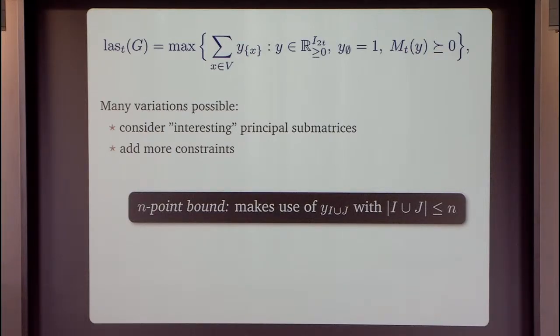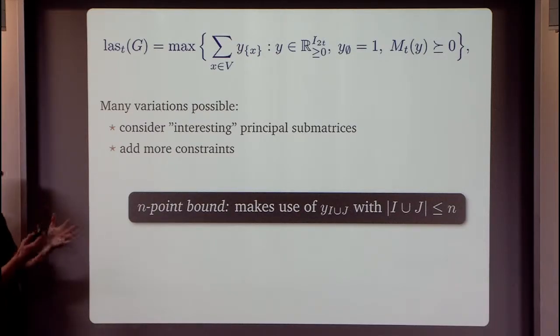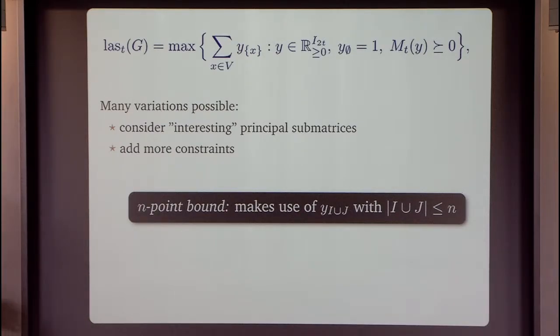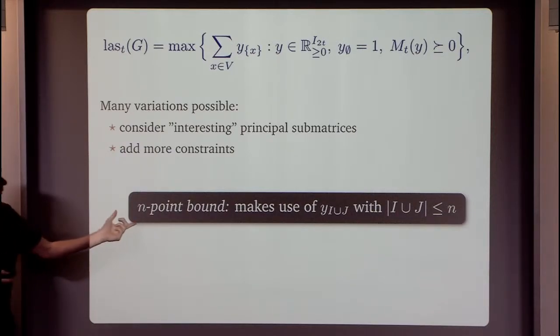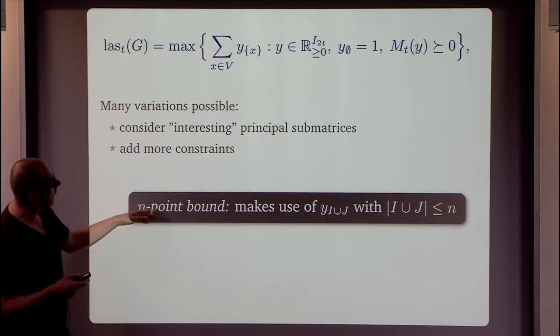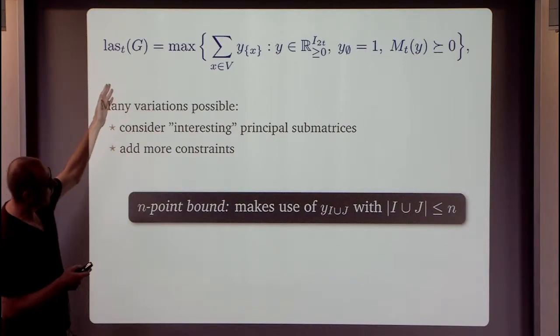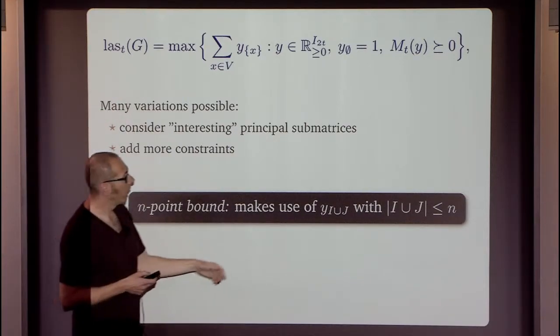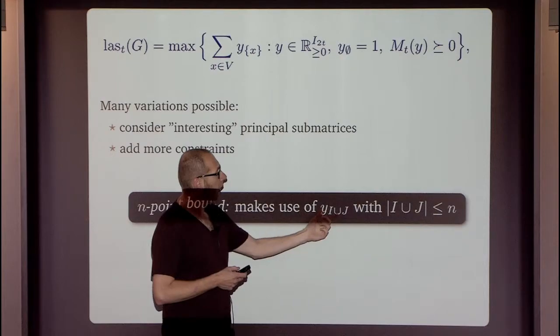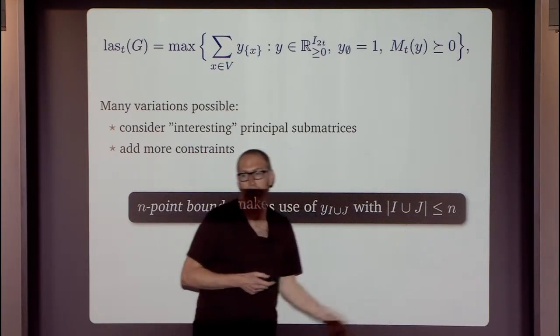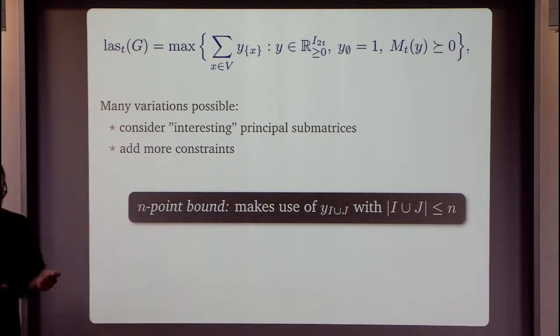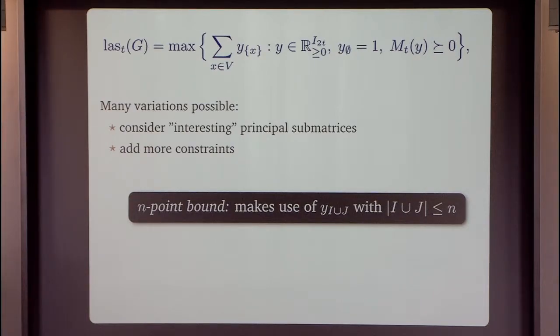And to speak about all these different variations in one way, I talk about n-point bounds. These n-point bounds are parts of Lasserre's hierarchy which make use of pseudo-moments of order at most n. So the t-th step of the hierarchy is a 2t-point bound.